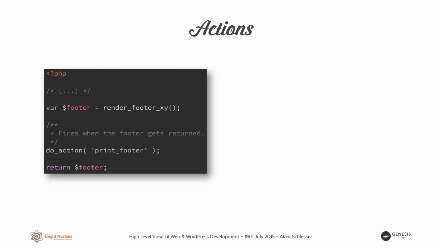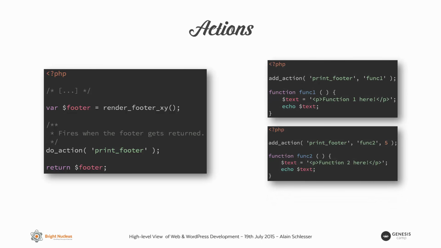So let's say we have two different functions in two different plugins. When the code on the left gets executed, it runs through its statements like any other normal PHP file. When it hits the doAction function, it asks WordPress to execute all the callback functions that have been registered with the print footer label. These actions have priorities so that we have control over the order in which they are run.